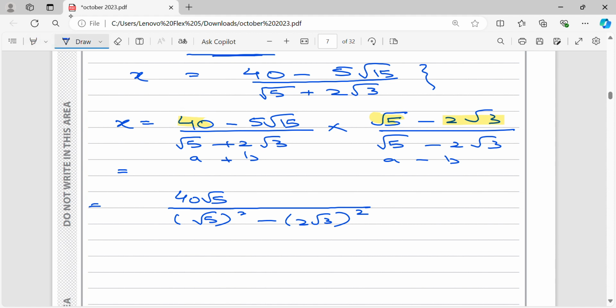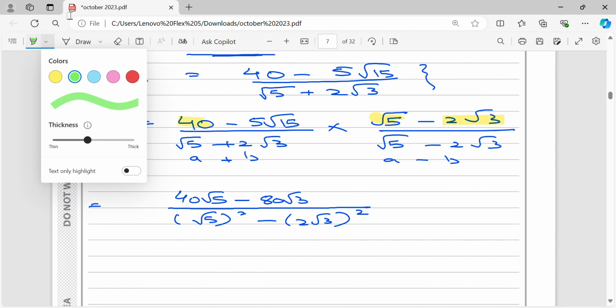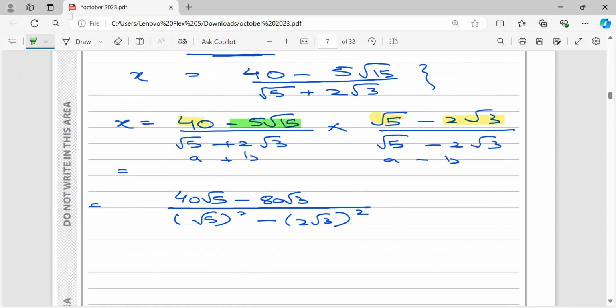So this would be minus 80 root 3. Okay, now I'm going to multiply minus 5 root 15 with root 5.